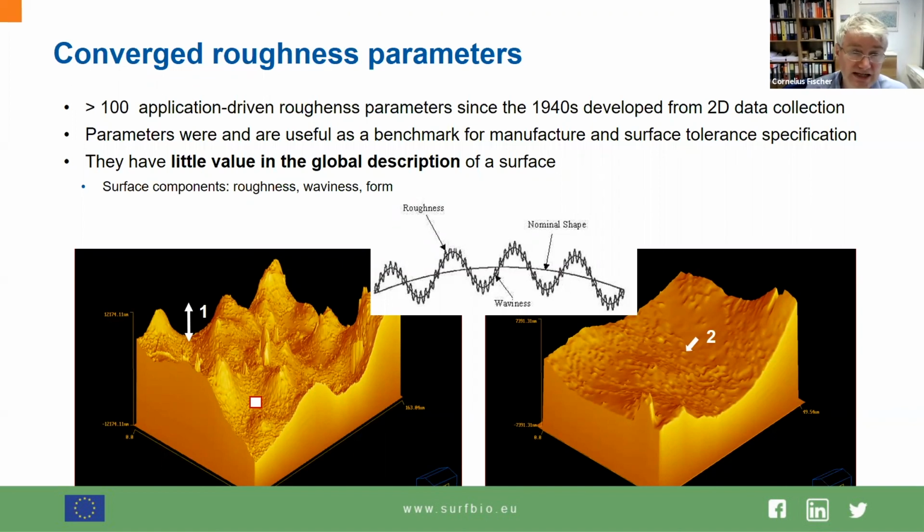This little scheme in the central part actually illustrates things quite nicely. Imagine you start with a cylindrical surface, that's the nominal shape, and the cylinder has been formed by any kind of process that leaves a small scale variability, that's the waviness. And the third order variability, that's the so-called roughness.